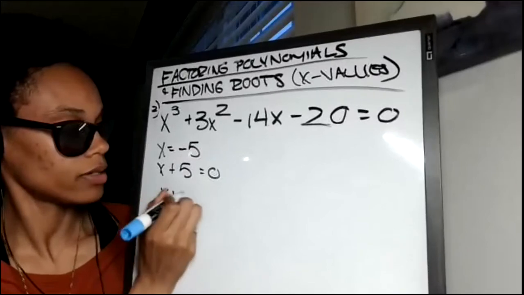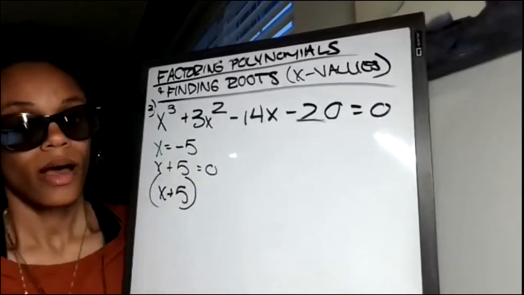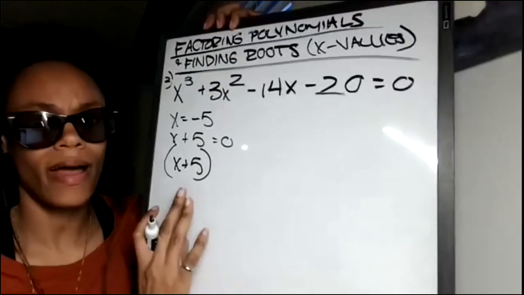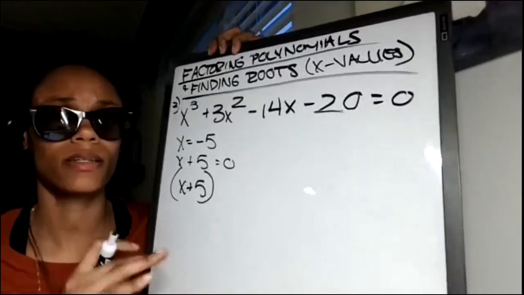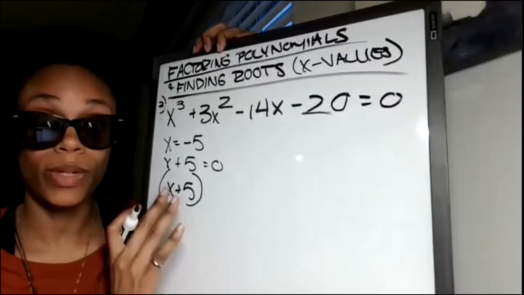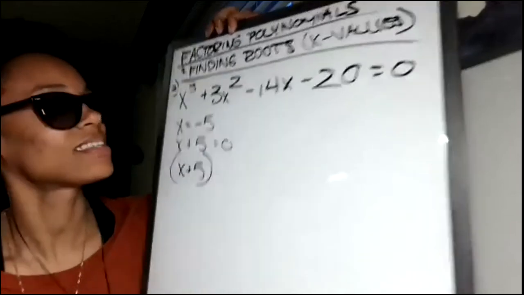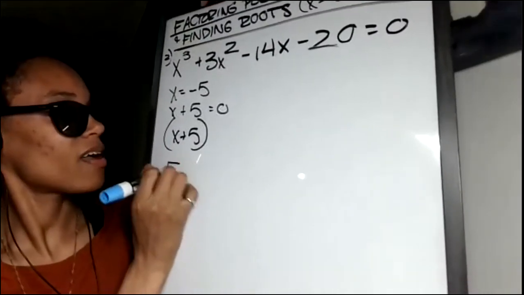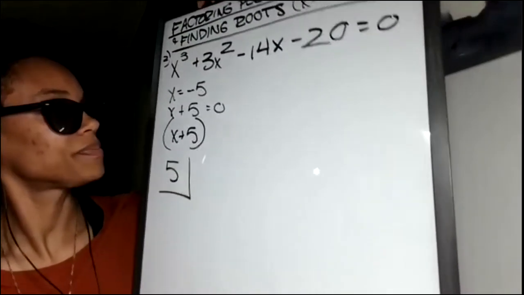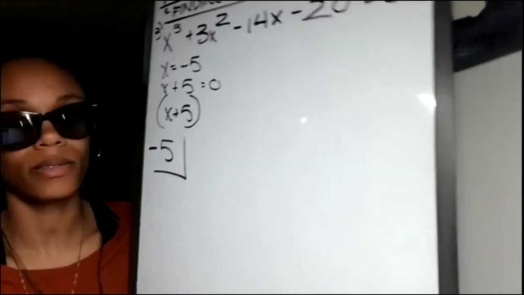So this is the factor that will factor out. When we go to divide it, you could use synthetic division or long division. I'm going to just run through it using synthetic division because I think that is the easiest. I would put -5, the actual root, up in my box.